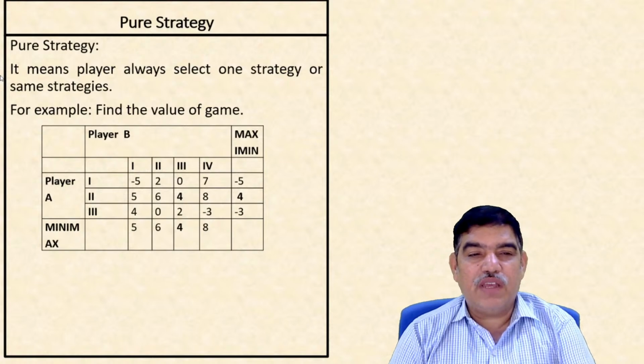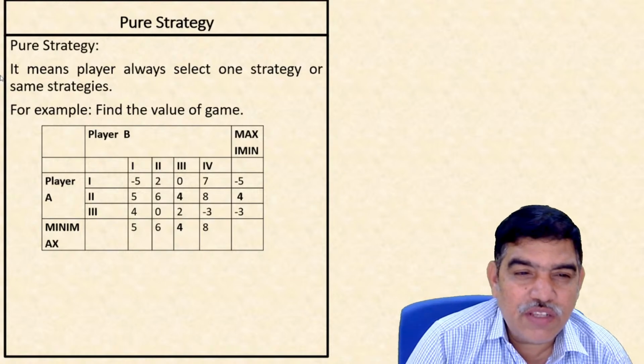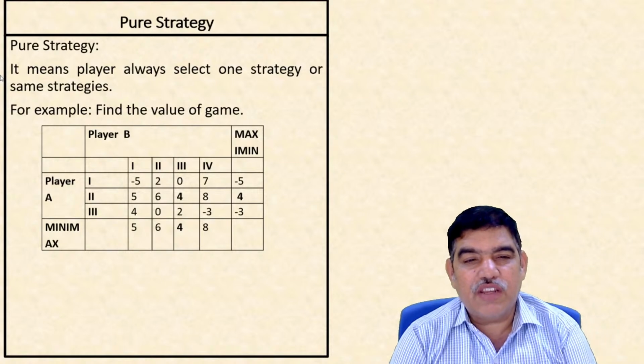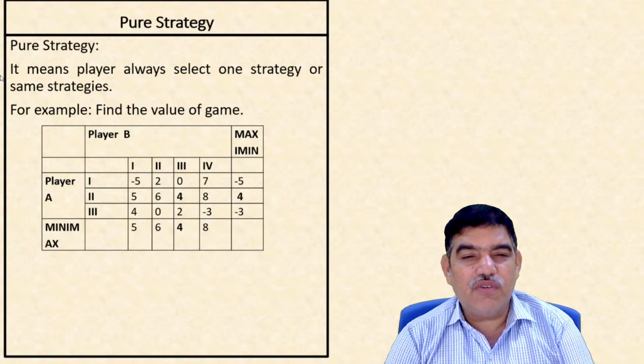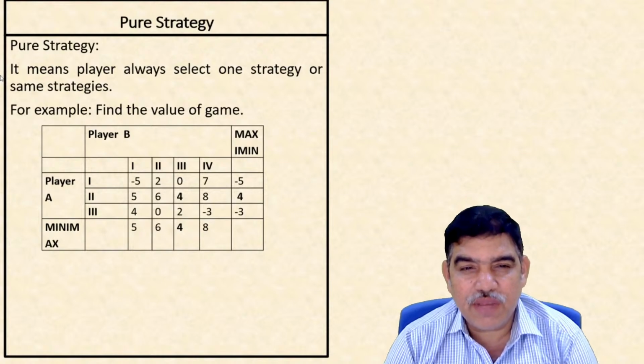We have to find the minimum value row wise. So in the first row it is -5, in the second row it is 4, in the third row it is -3.